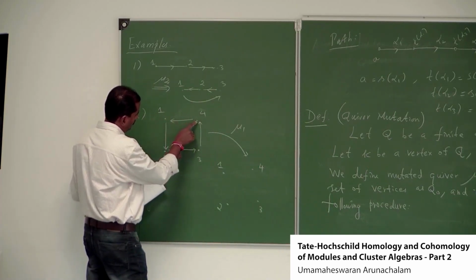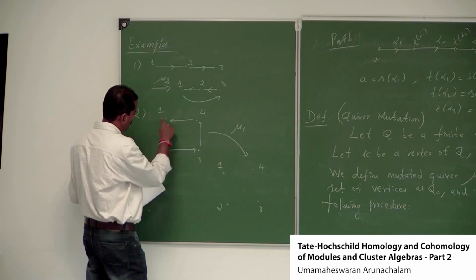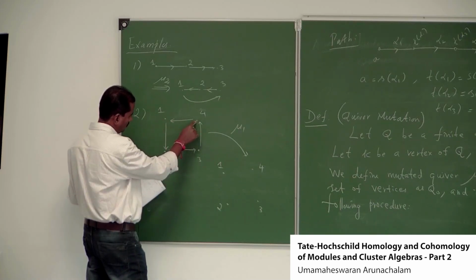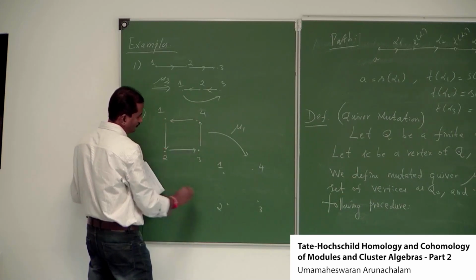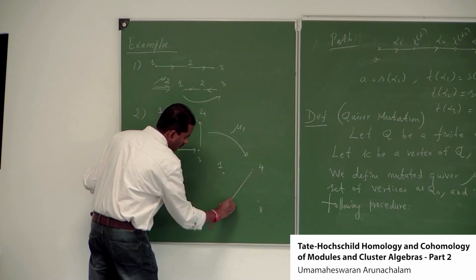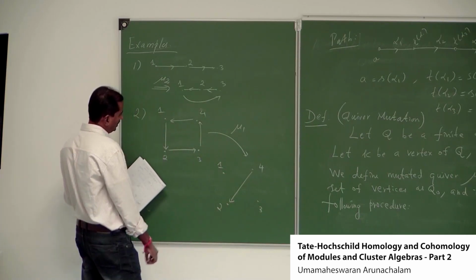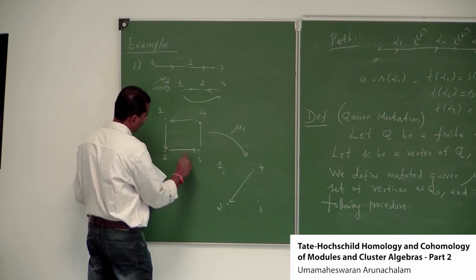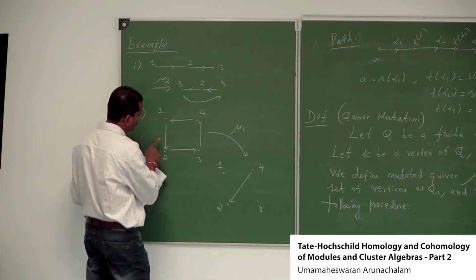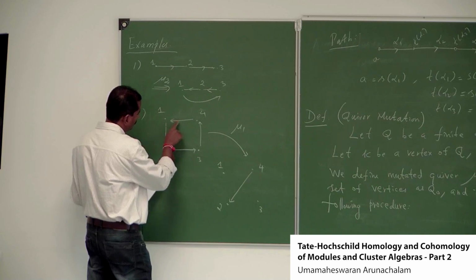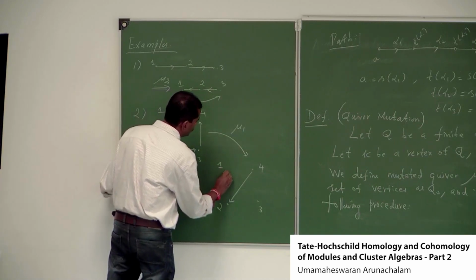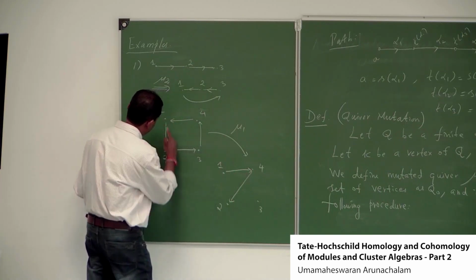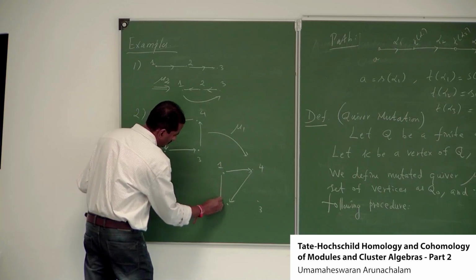Consider mu1: 4 to 1 is one arrow, 1 to 2 another arrow, so we have to make one arrow from 4 to 2, and reverse the other arrows related to 1. So this is 1 to 4 and 2 to 1.